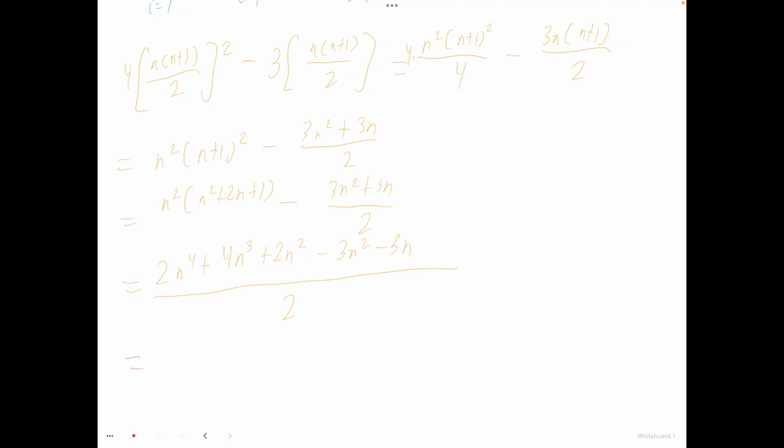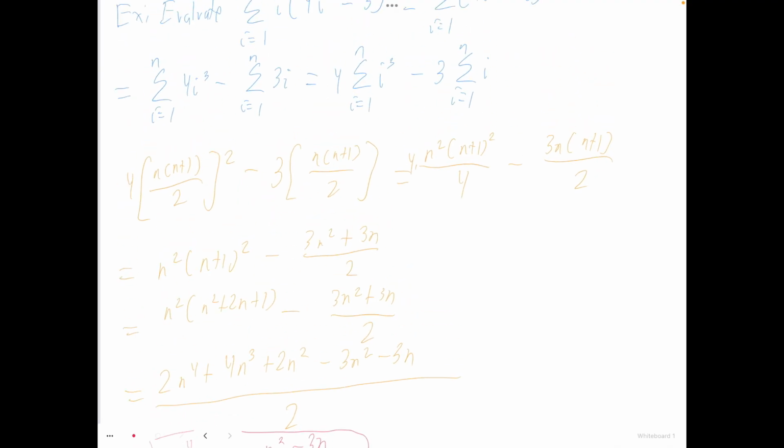And this becomes, canceling things out, 2n to the 4th plus 4n cubed. We've got 2n squared minus 3n squared, so we get minus n squared, minus 3n, divided by 2. And so we were able to compute the summation.